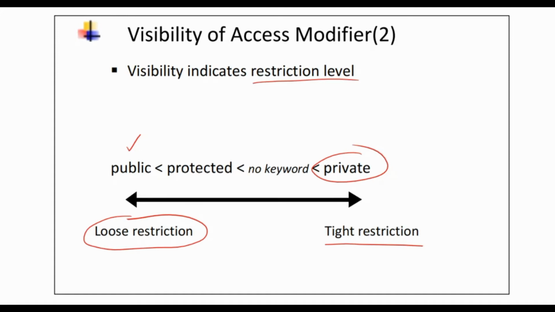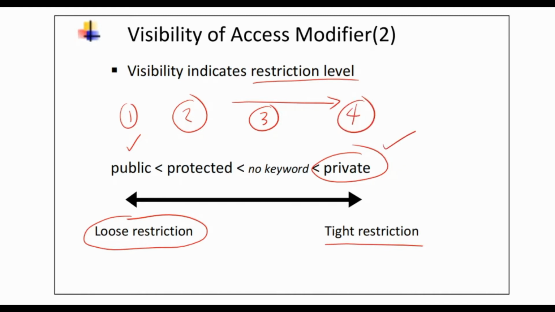If we're going to rank the four access modifiers in terms of the looseness or the tightness of restriction, going to the left, public is the one having the most loose restriction, and then second, going to the right, having tighter restrictions. The third is no keyword, and the one with the most tight restriction is private.